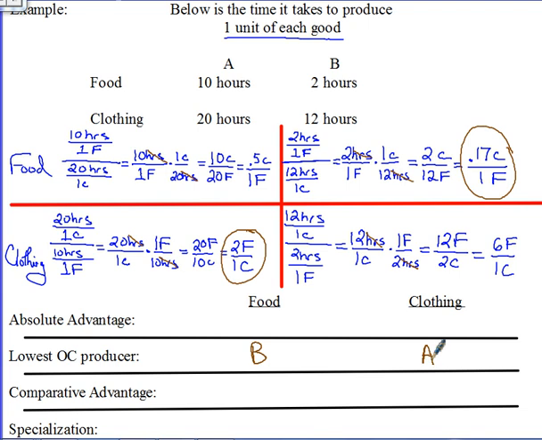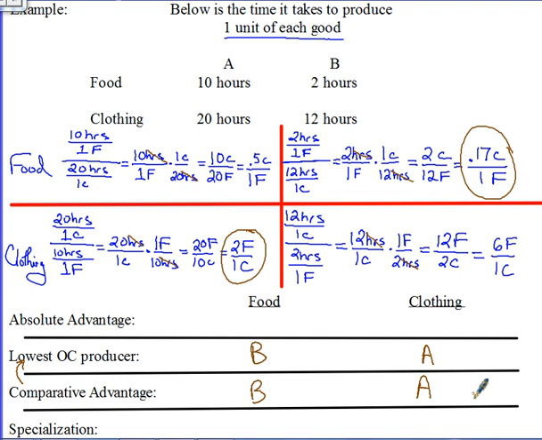Now everything should pretty much fall into place, right? Because the definition of comparative advantage is that you are the lowest opportunity cost producer. So if B is the lowest opportunity cost producer of food, then we would say that B has the comparative advantage. And if A is the lowest opportunity cost producer of clothing, then we would say that A has the comparative advantage of producing clothing.